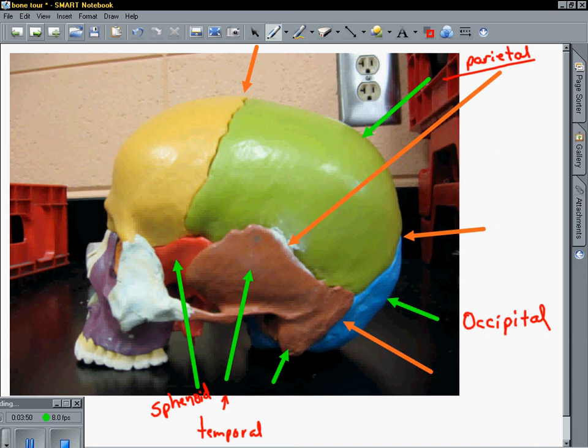Now let's look at the sutures associated with those. The first suture at the top, connecting the frontal bone to the parietal bone, is called the coronal suture. The next one, back here, connects the parietal bones to the occipital bone, and that is known as the lambdoid suture.